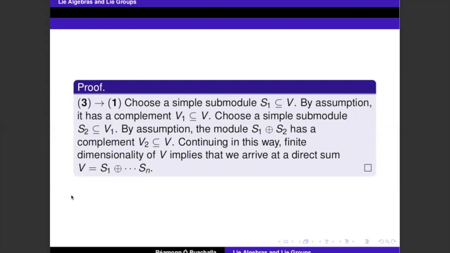So by assumption, this direct sum of these 2 new simple submodules will have a complement. And then continuing in this way, by finite dimensionality of V, eventually we have to arrive at a direct sum like this, which means that we've decomposed our V into a direct sum of simples. And that's it, we're done.